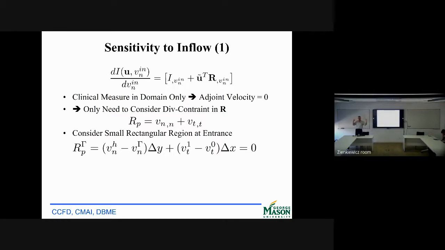It's far away from the boundary. So the adjoint velocity there is equal to 0. And so we only need to consider the div constraint in R close to the boundary. And you can do that with a small difference in volume approximation.